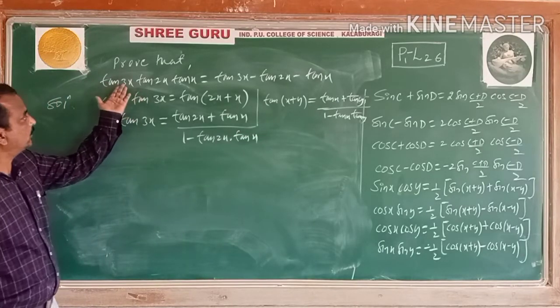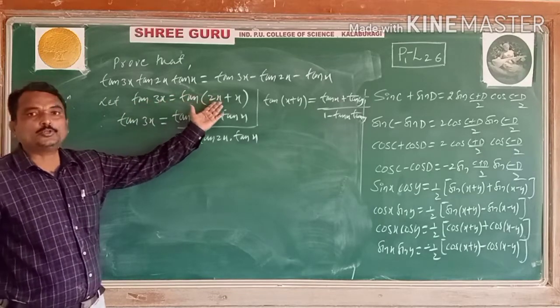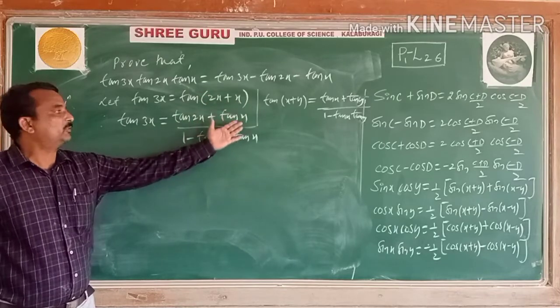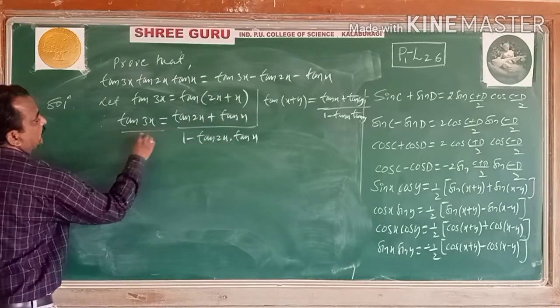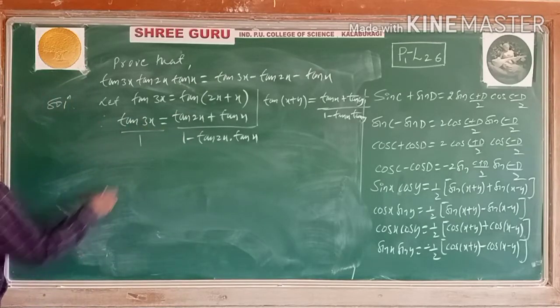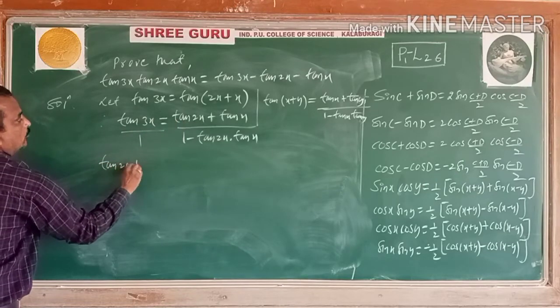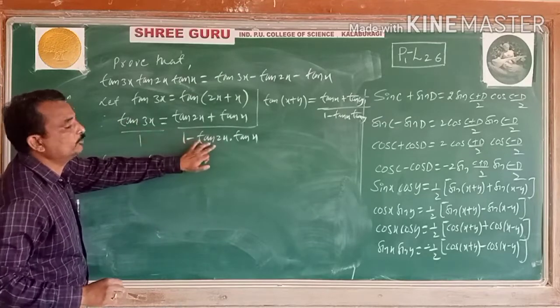What we have considered: tan 3x, we have taken 3x and split it as 2x plus x. This is tan of x plus y, tan x plus tan y divided by 1 minus tan x into tan y. See the students here, cross multiply. Cross multiplying, 1 into tan 2x plus 1 into tan x is equal to tan 3x into this product.